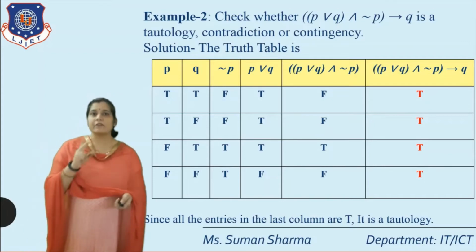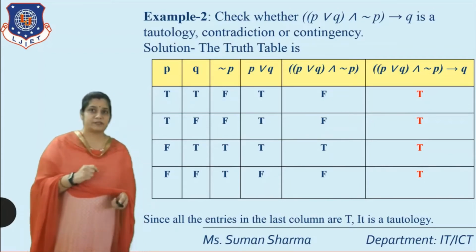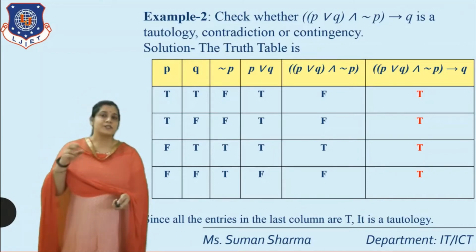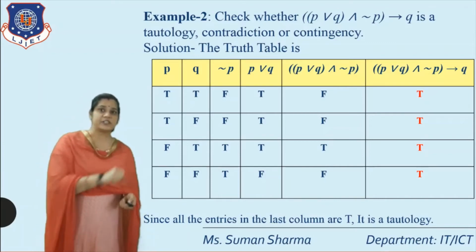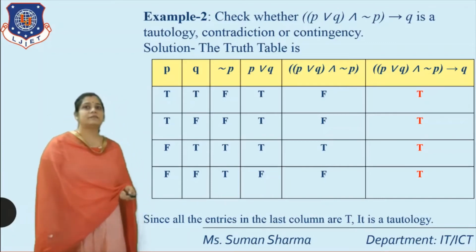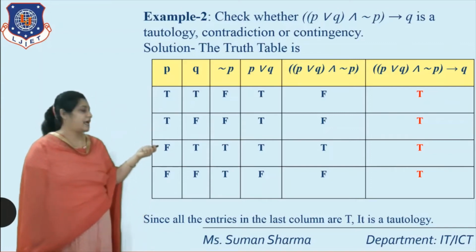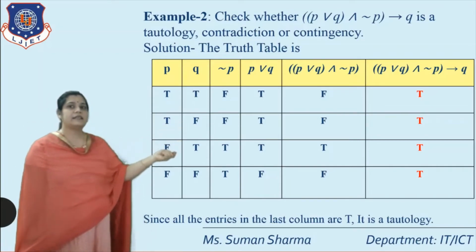Here we have two statements, so always first check the given statement. If you have three statements P, Q and R, you write all the conditions accordingly. First we write P and Q: P as T, T, F, F and Q as T, F, T, F.